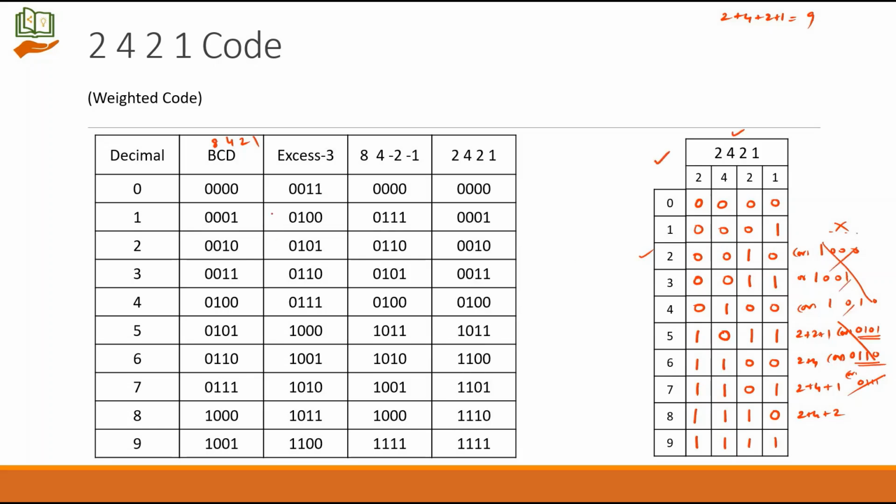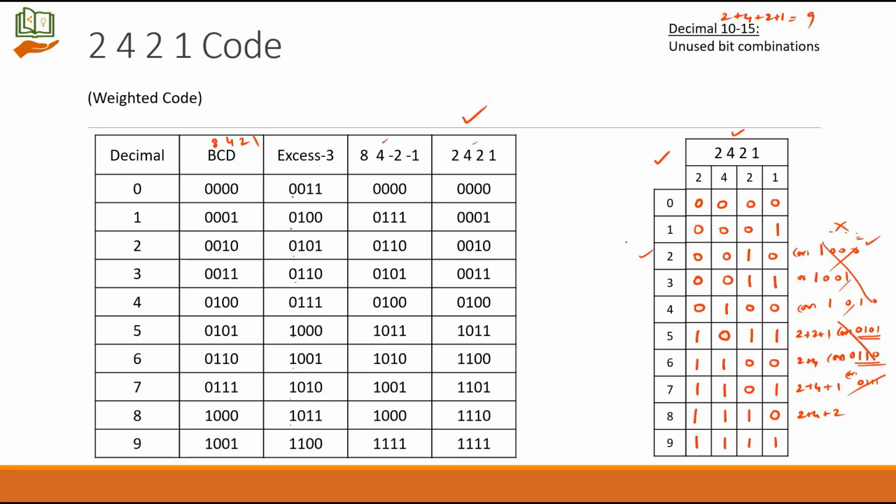You can see here the first 5 rows have 0 in the first bit and the last 5 rows have 1 in the first bit. Similarly, it is there for 8, 4, minus 2, minus 1 and 2421. So in order to follow this pattern, I have chosen this. In case they ask you, what is the other way you can represent this 2421 code? At that time, you can go with this manipulation.